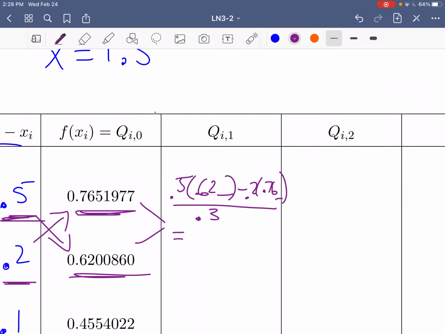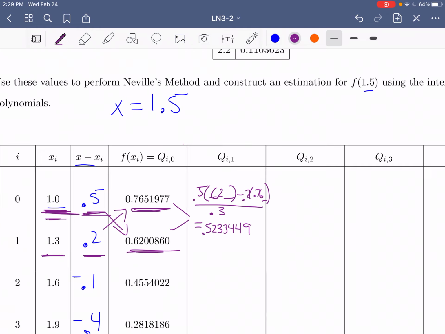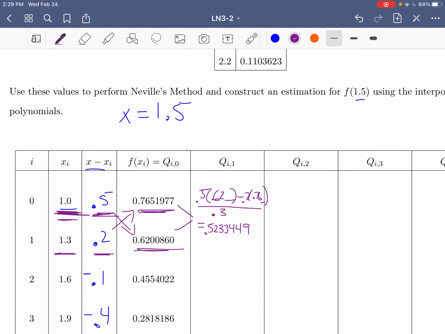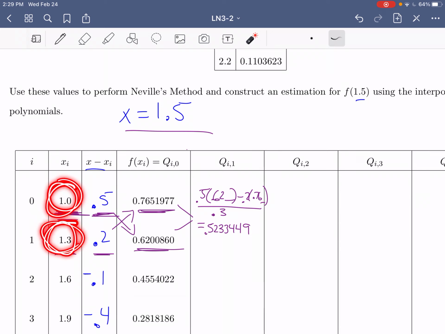And when we evaluate that, we are going to get something like 0.523449. And so that is an approximation for this function value at 1.5 when we use this node and the function values that we happen to know there.